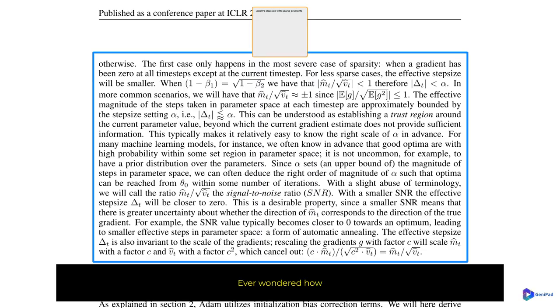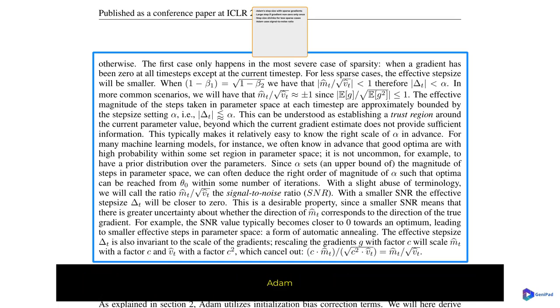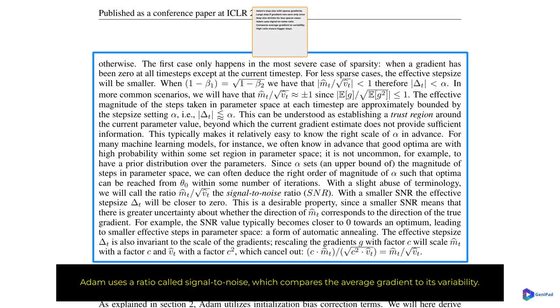Ever wondered how Atom handles super sparse data where gradients are mostly 0? Well, in the worst-case scenario, if a gradient is only non-zero at the current step, Atom's step size can be large. But for less sparse cases, it shrinks down. Why does this happen? Atom uses a ratio called signal-to-noise, which compares the average gradient to its variability. When this ratio is high, you're more confident in the gradient direction, so steps are bigger.